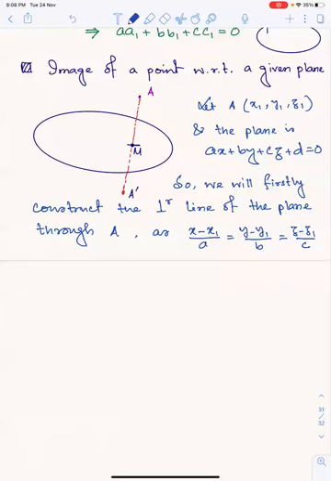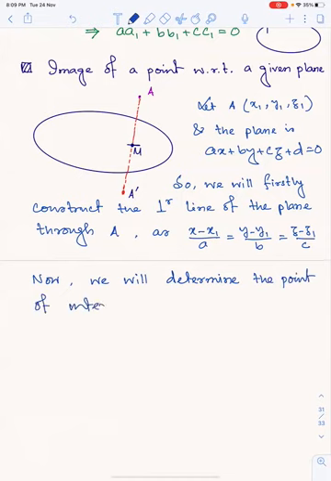Now we will determine the point of intersection for the given plane and the constructed line.